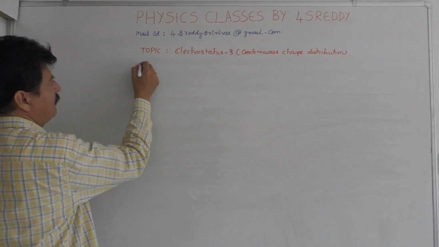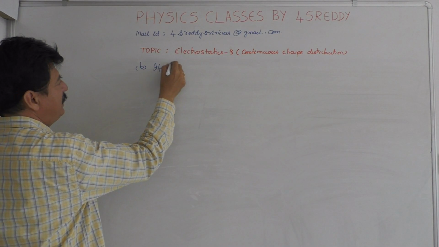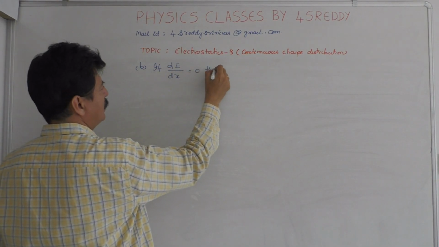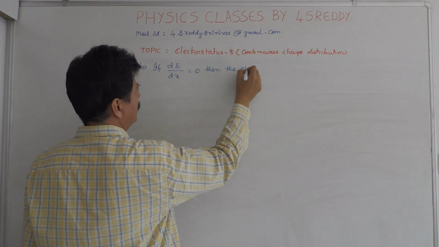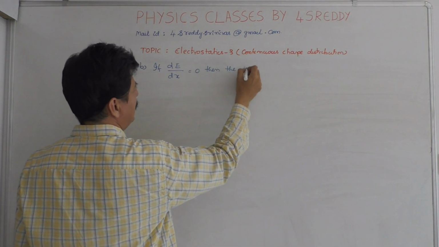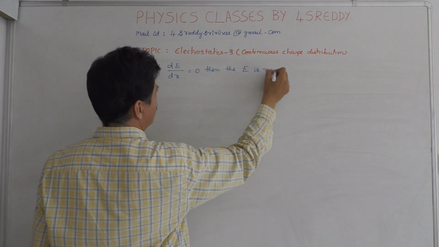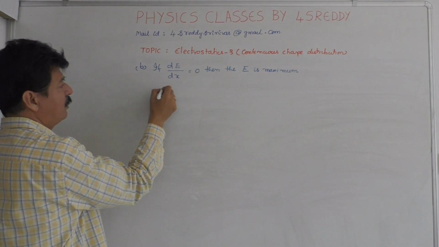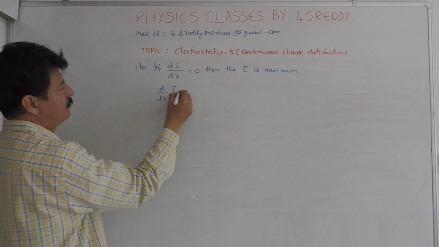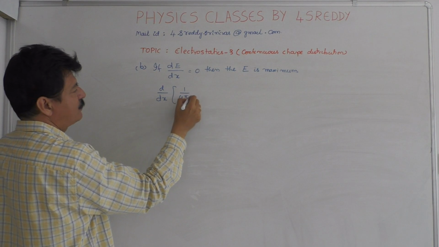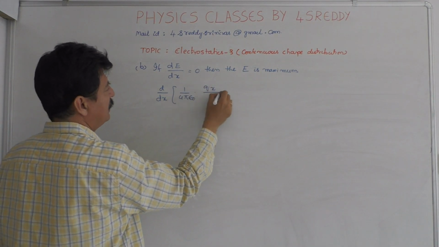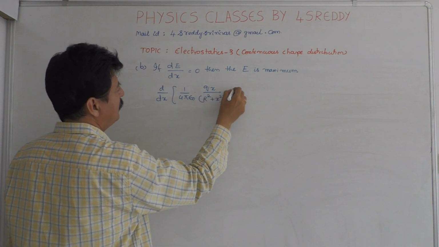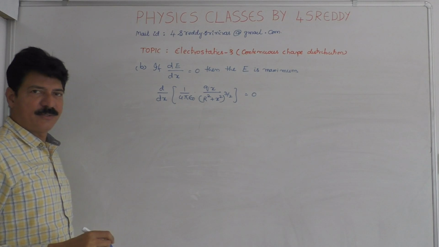Now if d by dx is equal to 0, then E is simply called maximum. Therefore, d by dx of 1 by 4 pi epsilon naught qx by (r square plus x square) whole power 3 by 2 should be taken as 0.